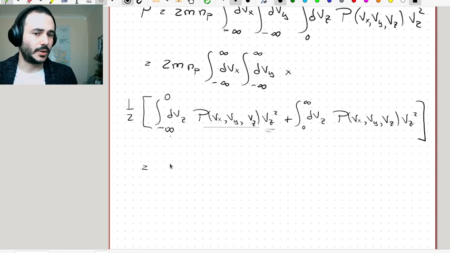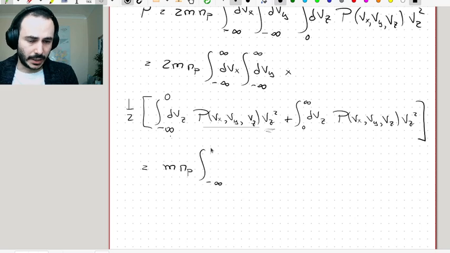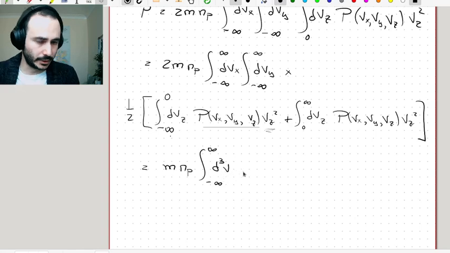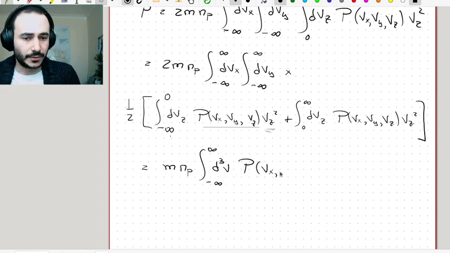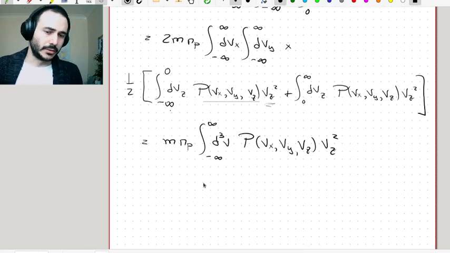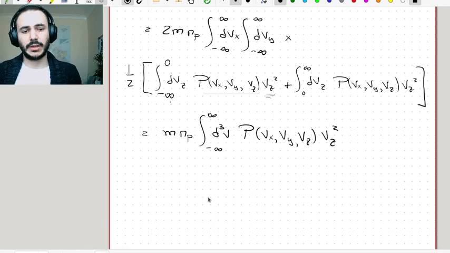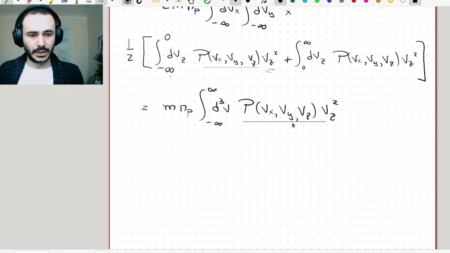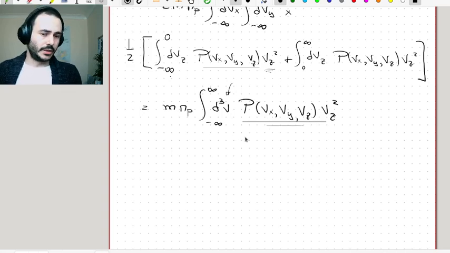So overall, what we have is m and n_p, and here is the full integral from minus infinity to plus infinity of d cube v, so all the components x, y, and z as well, of the probability distribution, and then v_z squared. Remembering probability distributions from mathematics with physical applications, there is a probability distribution integrated over all the space of this random variable, and here is v_z, the thing that I'm averaging.